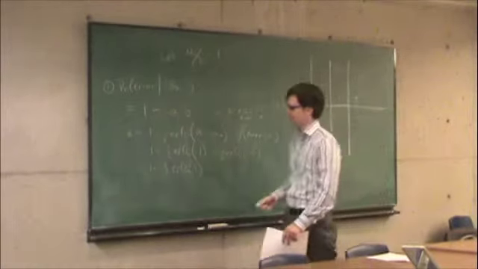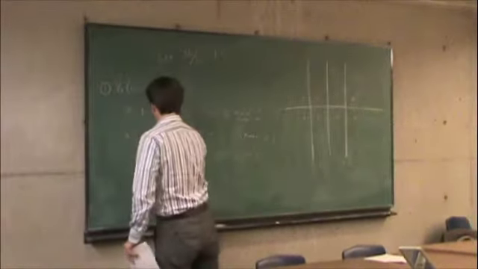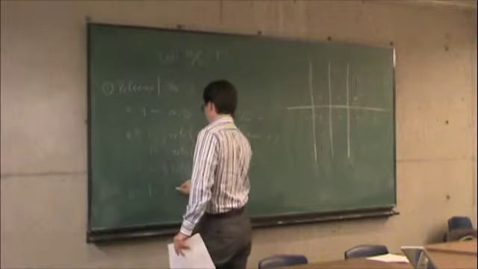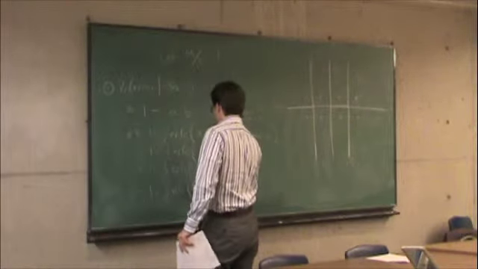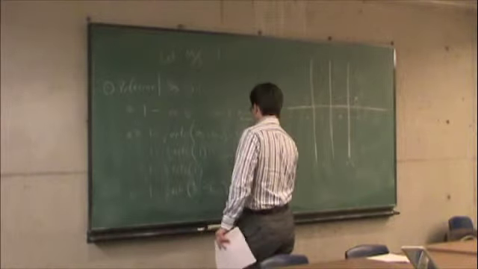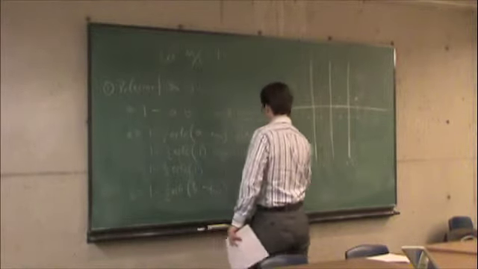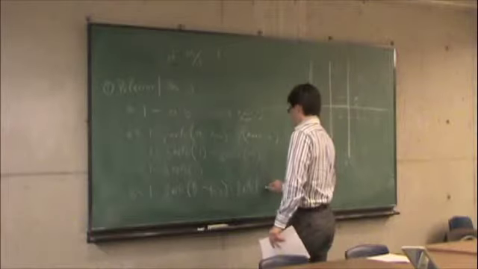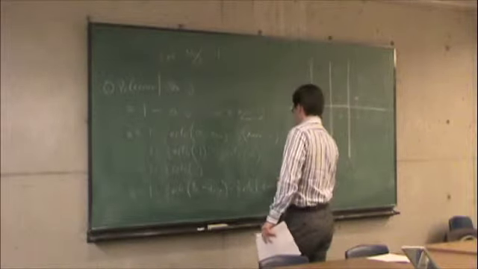Okay, the B term is the y direction. 1 minus 1/2 erfc of beta I minus y min minus 1/2 erfc of y max minus beta I.